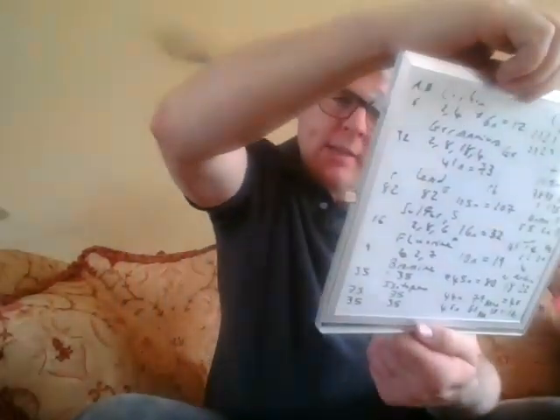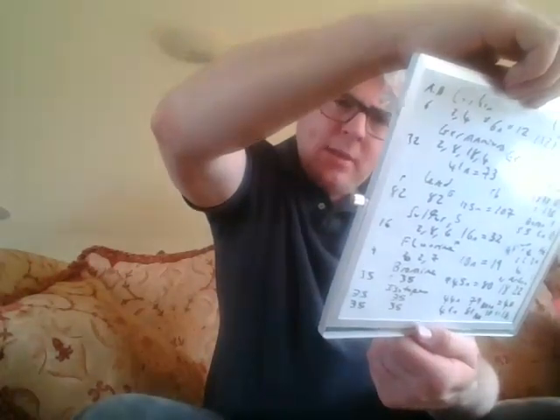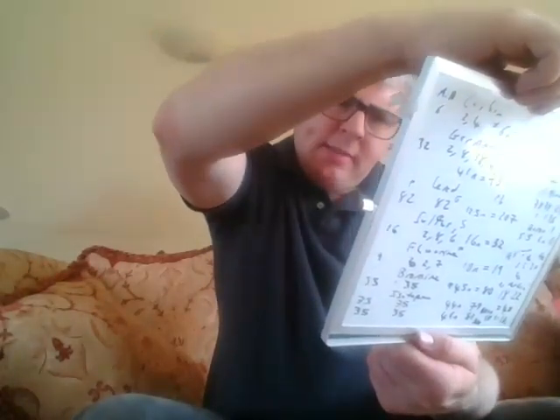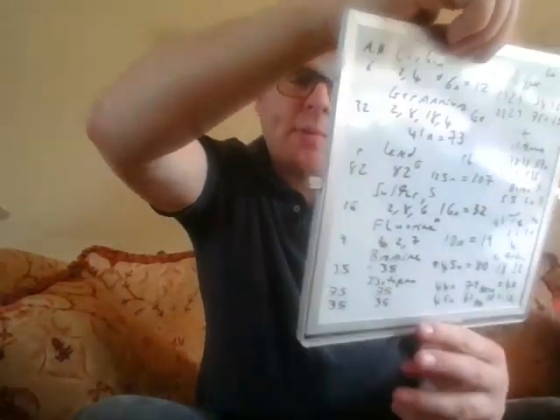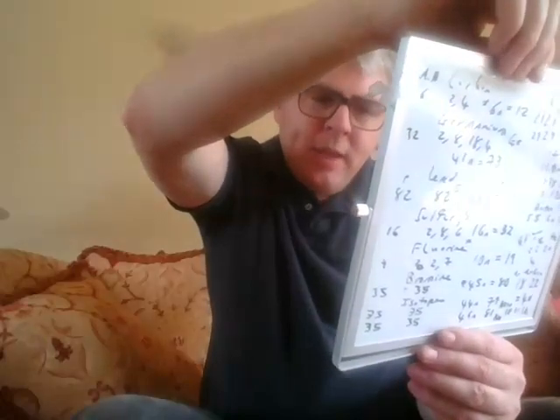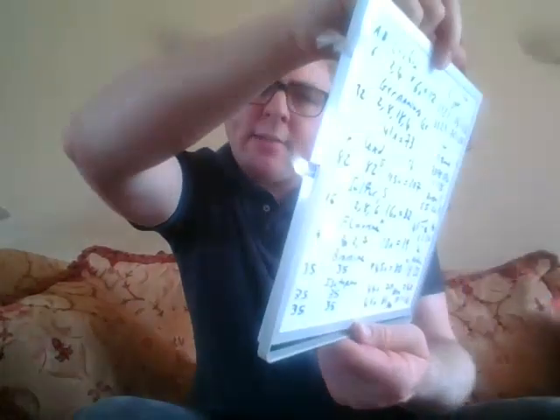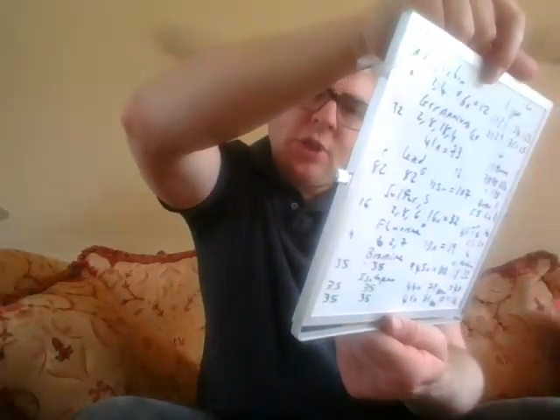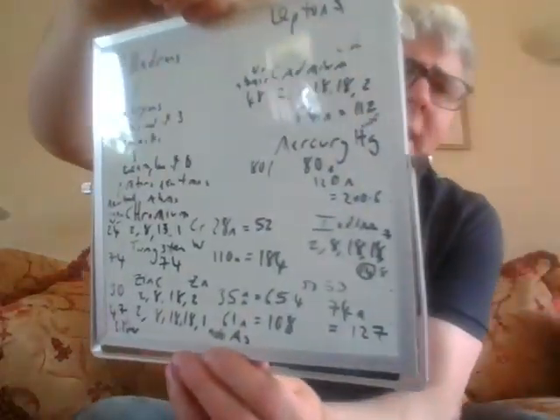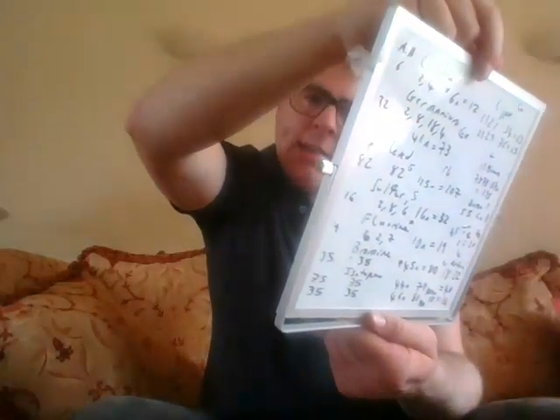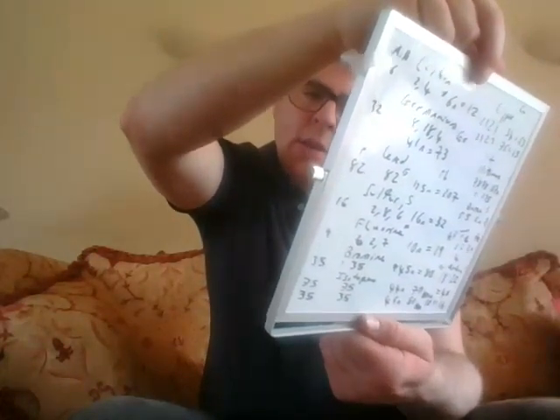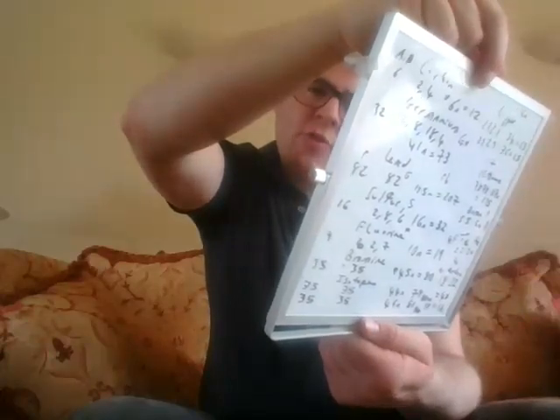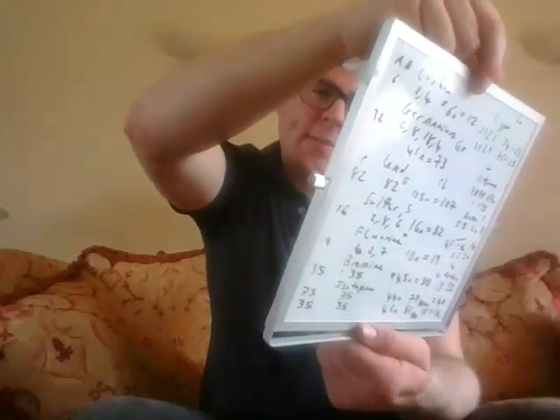And then I've got iodine here. Iodine is a halogen, and first of all, in a neutral atom it's got 53 electrons and 53 protons, and 74 neutrons. So its relative atomic mass is 127. It's got 5 energy levels: 2, 8, 18, 18 and 7.